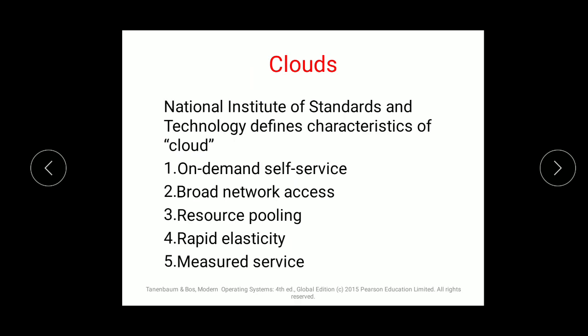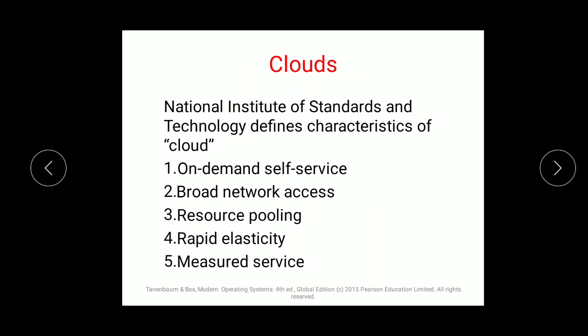The second one is broad network access. It is heterogeneous, anybody can access it anytime, anywhere they go. It is easily available, that is called broad network access. Third, resource pooling. Resource pooling means sharing of resources, because multiple users are using it. Multiple users should be able to pool computing resources owned by the provider.